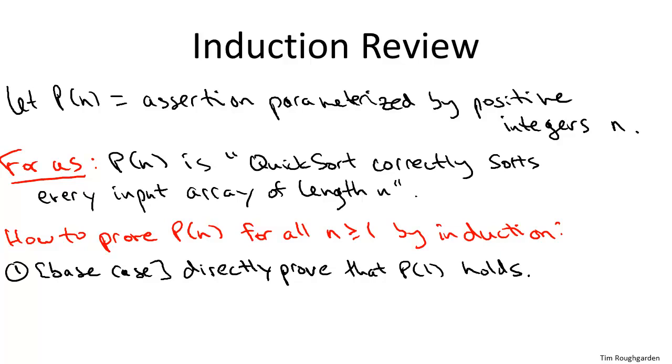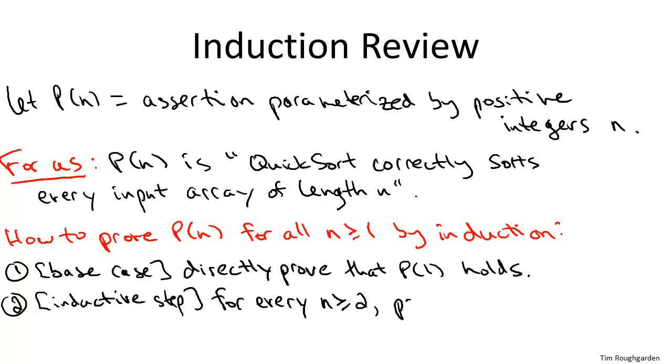So the non-trivial part of a proof by induction is usually the inductive step. And in the inductive step, you look at a value of n not covered by the base case, so a value of n bigger than 1, and you show that if the assertion holds for all smaller values, small integers, then it also holds for the integer n.